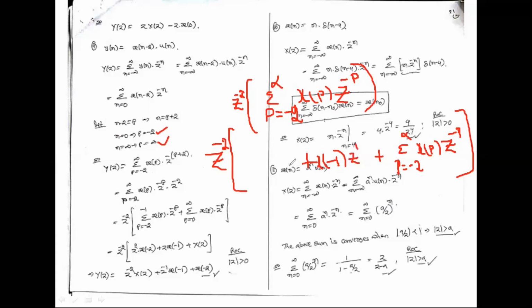And what is the before value? It is 0. What is the 0 here? x of 0 and z power 0.